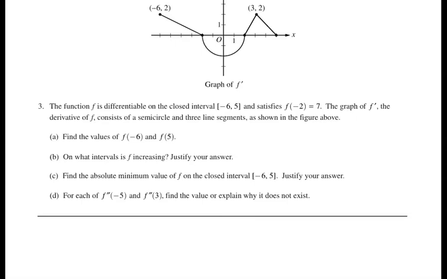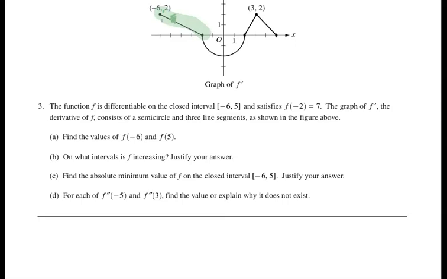So since this is f prime, f double prime is the derivative of that, which means the slope. So I need to get the slope of this segment up here at the top. So I need to get that slope right there to get f double prime of negative 5, because negative 5 is right here.